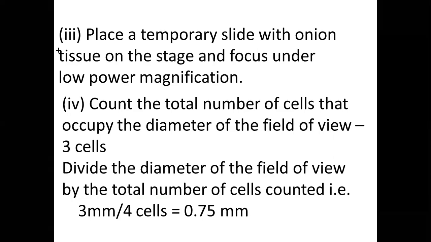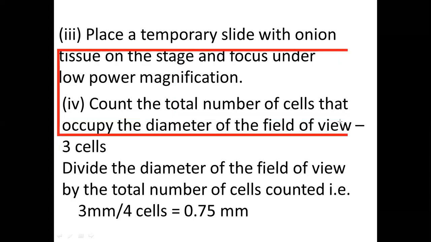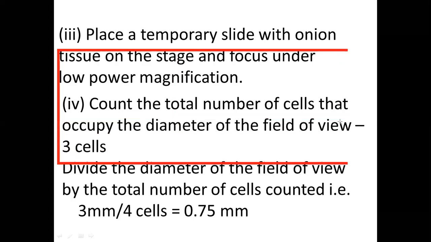This is what I want us to see: how to count the total number of cells that occupy the diameter of the field of view. If you count 3 cells, you know that the total field of view, if it was 3,000 micrometers, you divide by the number of cells. Then you get the diameter or the length or the width. It depends on how the cells look and how the question is framed.